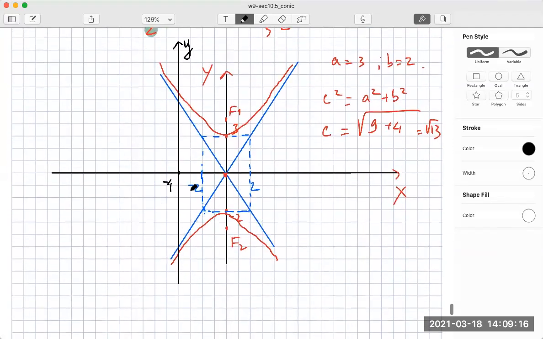So this is the real coordinate of x and y. You see how it is shifted.